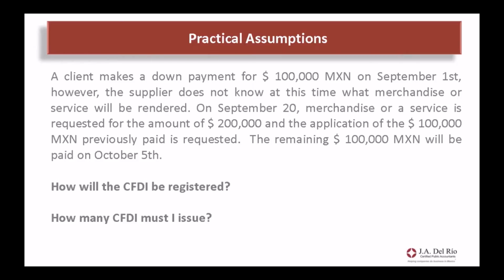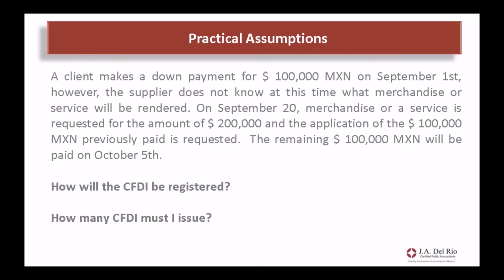So how will the CFDI be registered? And how many CFDIs must I issue now, according to this regulation? So first, on September 1st, we are going to have a CFDI to recognize the advance payment for 100,000 pesos.